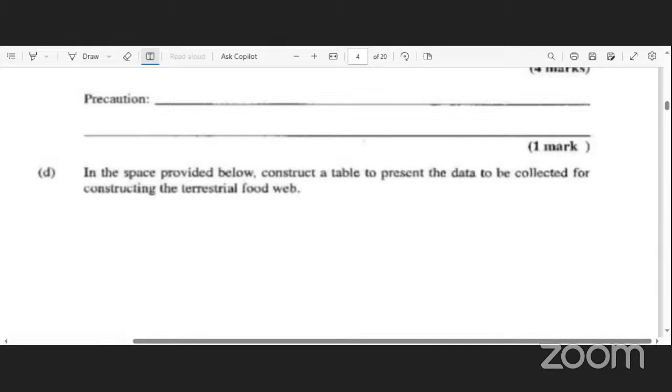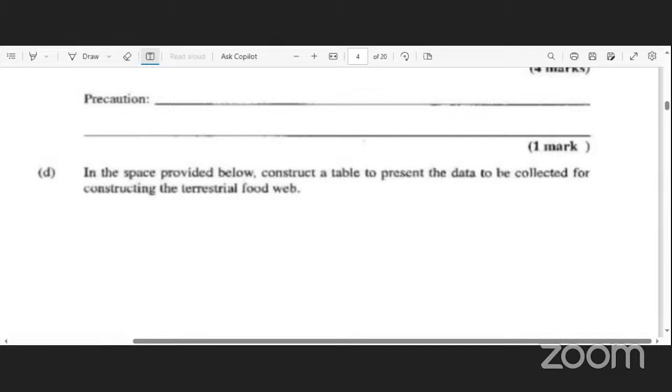And next precaution, we could use, somebody said it was ensured that the right garments were worn, all right? We could also ensure that we use brightly colored tags on the organisms, because remember that whenever we revisit the area, we want to see the organisms, even though you might not see all of them.